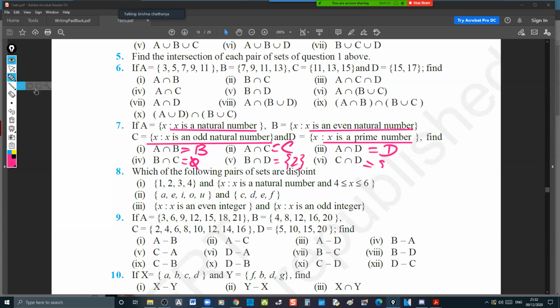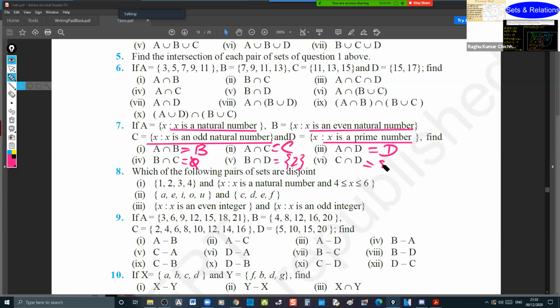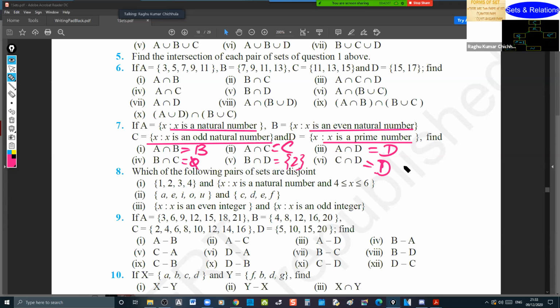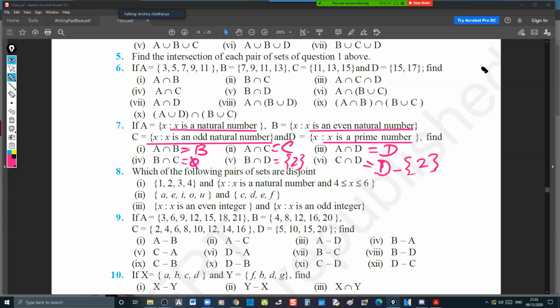How to write that? You see, the intersection is nothing but D minus 2. D minus 2 means 2 is excluded from that. Correct, no? Yes, sir.